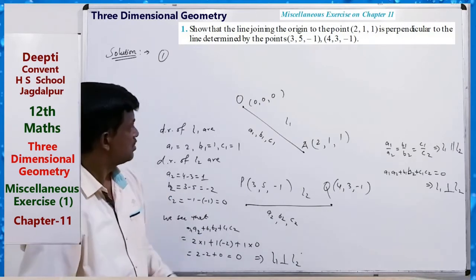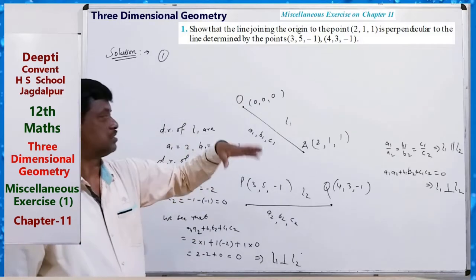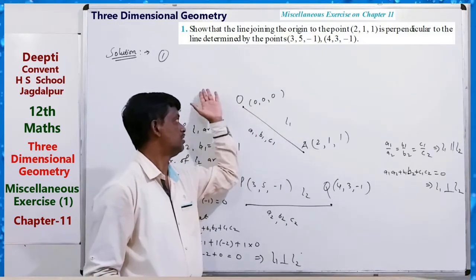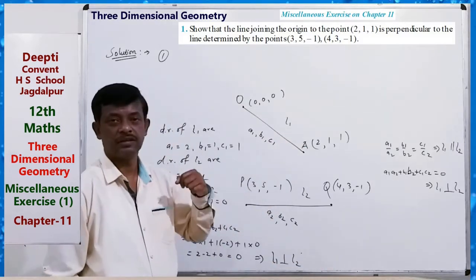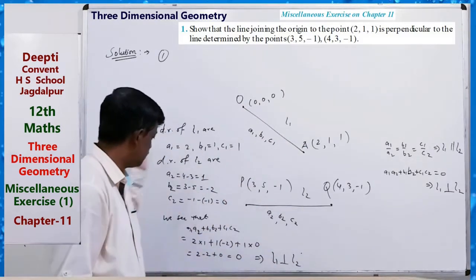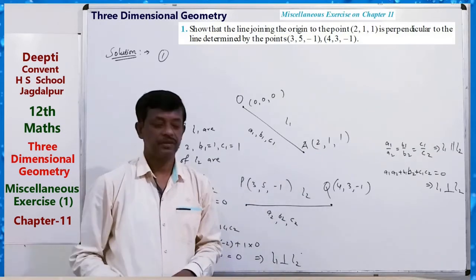Okay, so you have to write in detail. Direction ratios of the line joining the origin to this point are given by this, and direction ratios of the other are given by this, and here we see that this equals 0, that is, perpendicular.